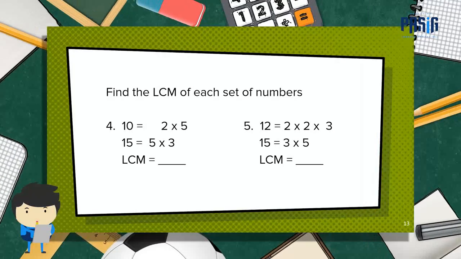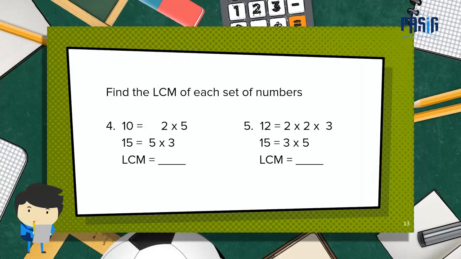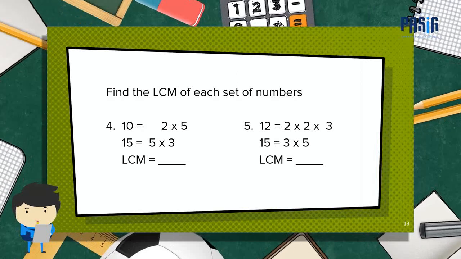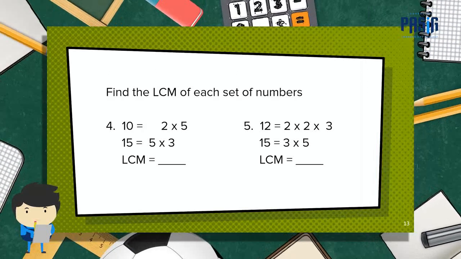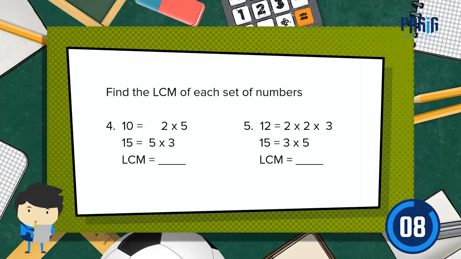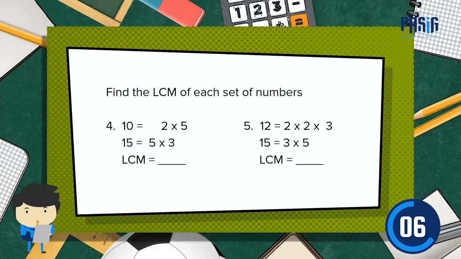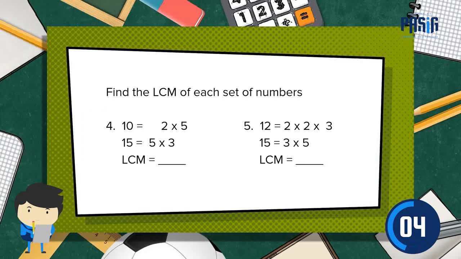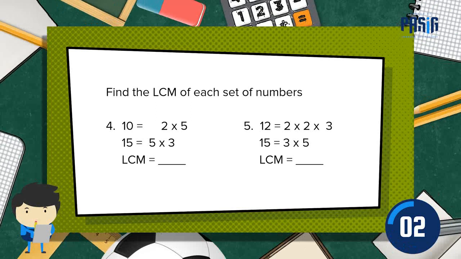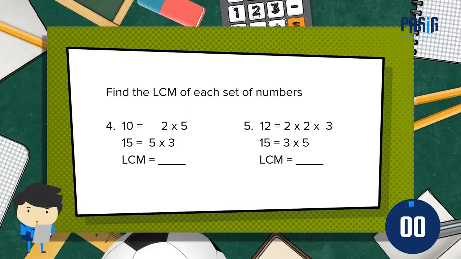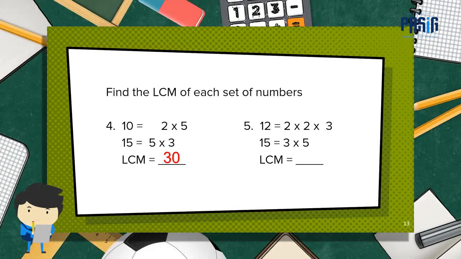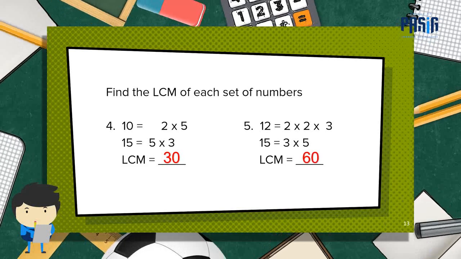For numbers 4 and 5, you have to find the least common multiple or LCM of each set of numbers. The correct answer is 30, 60.